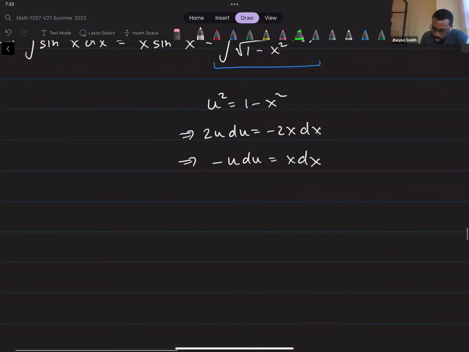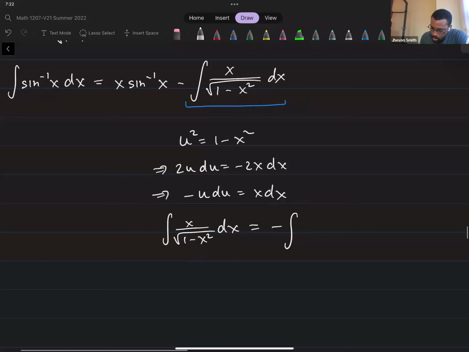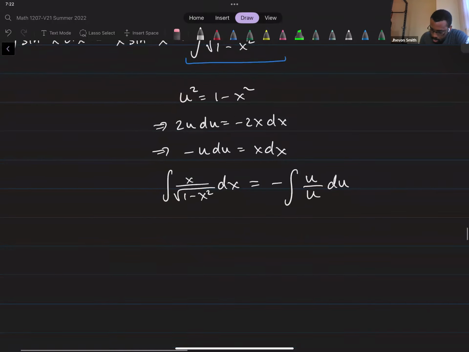So the integral of x over this is just minus the integral of u over, well, u. So that's just minus the integral of 1 du, which is minus u plus c, where u is the square root of 1 minus x squared.